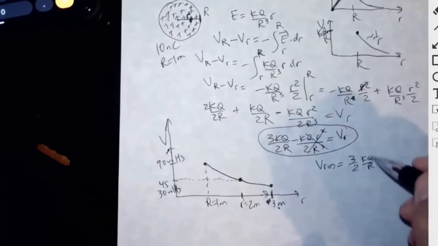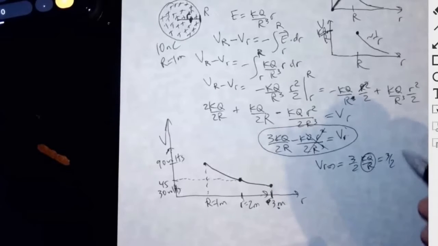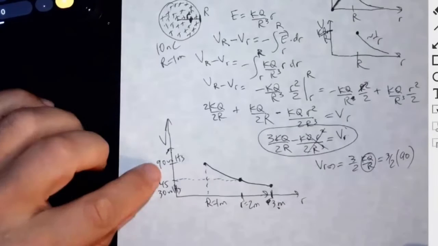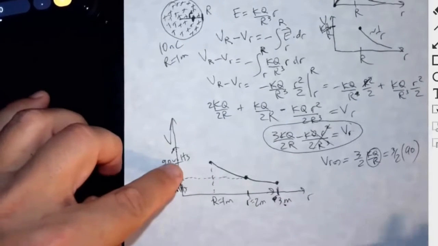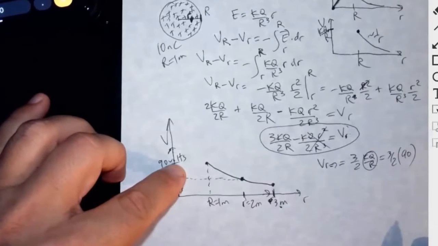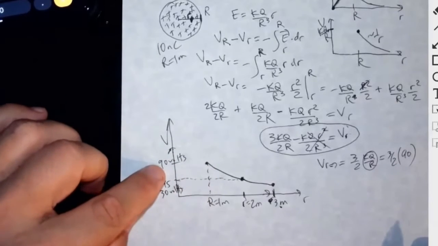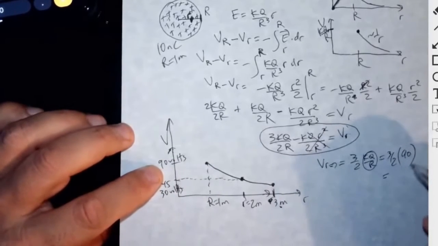Okay, so kq over r was 90 volts. So that means the voltage at the center is 1.5 times the voltage at the surface. So that'd be 45, 135 volts, right?